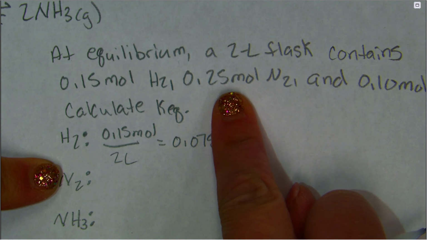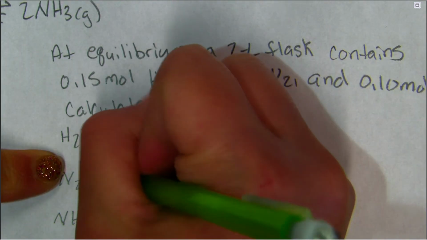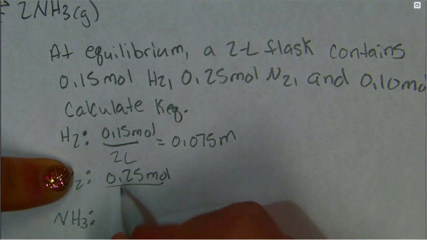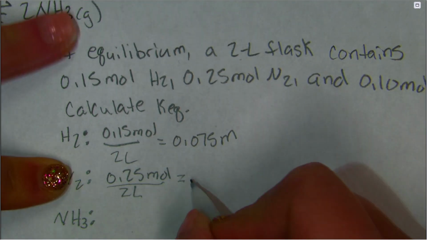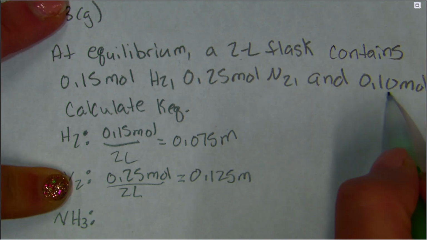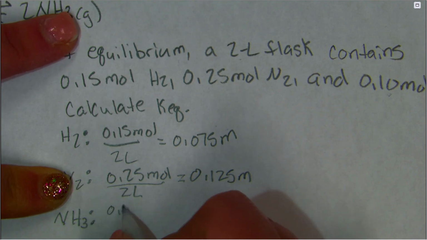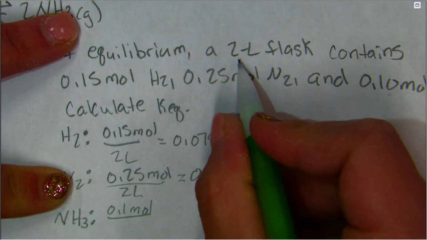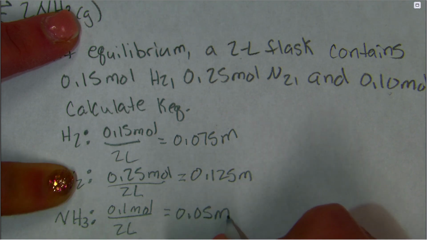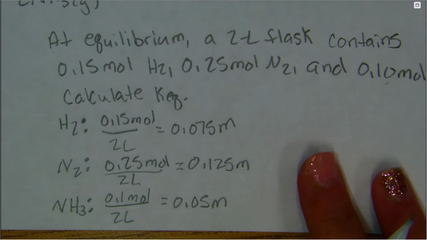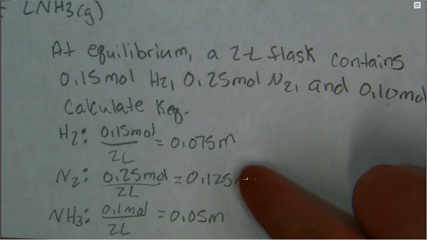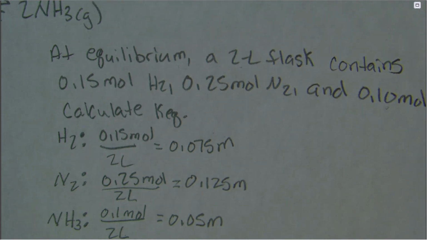I have 0.25 moles of nitrogen. Again, a volume of 2 liters. So that is 0.125 molar. And then ammonia is 0.1 moles. And the same volume, 2 liters. So that is 0.05 molar. So be careful, concentration is in molarity, so you must always solve using molarity. So if you're not provided molarity, you have to find molarity.